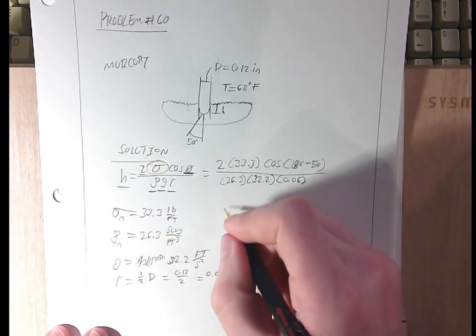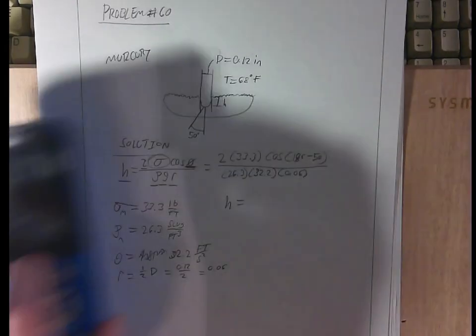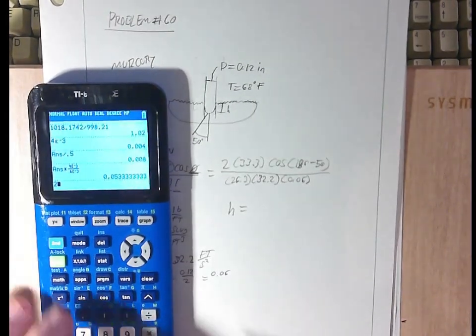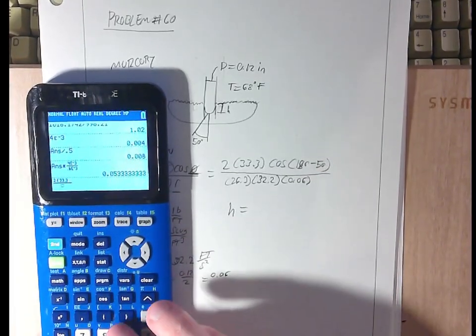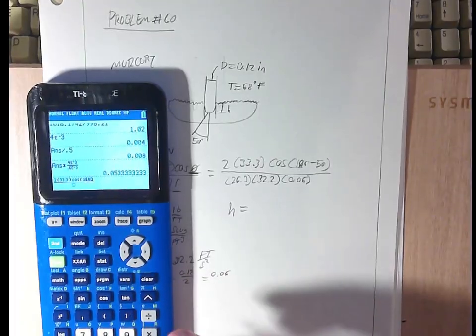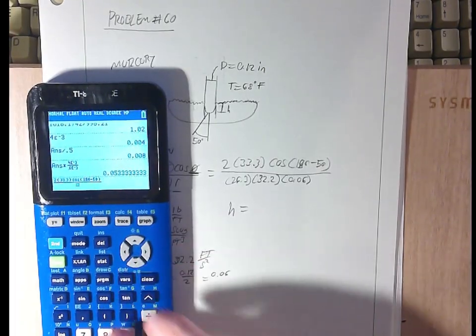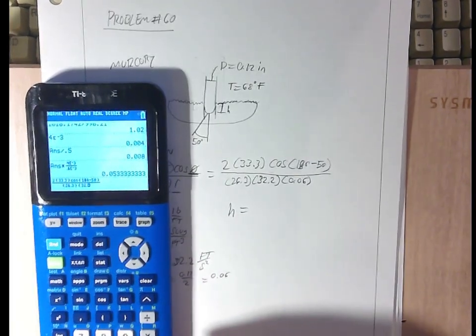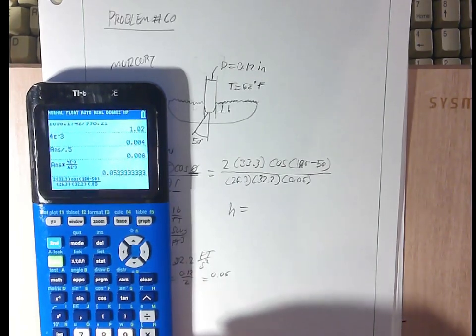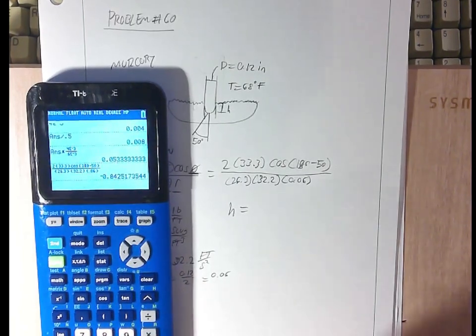Putting all of this together, H equals 2, 33.3, cosine of 180 minus 50, over 26.3, 32.2, 0.06.